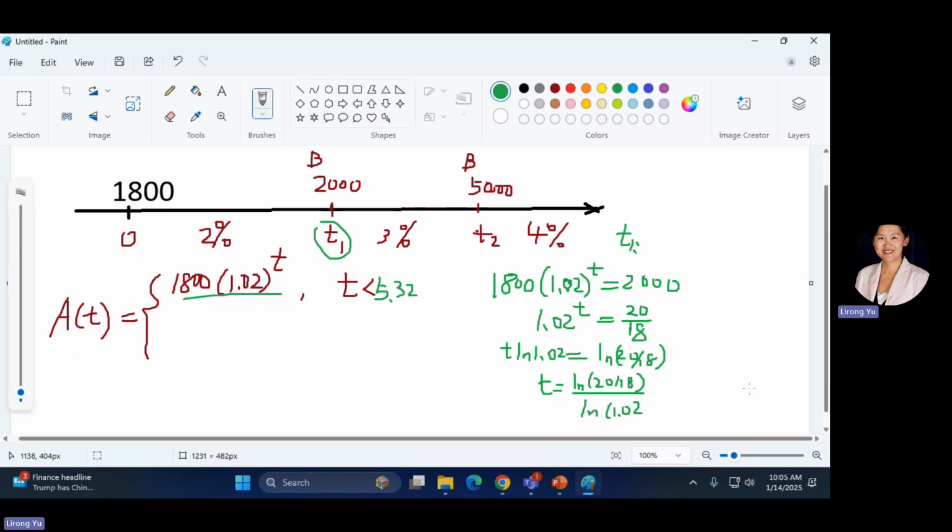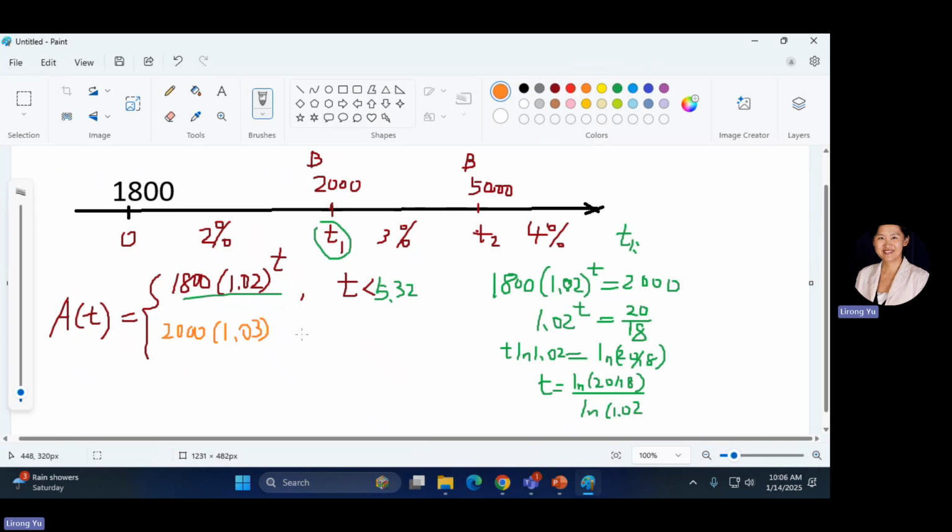So how does it grow after that? We're going to look at the formula. It's going to be based on the 2,000. So you're going to have 2,000 times 1.03. That's how it grows. But then you have to look at the time. If it follows 1.03 after T1, then whatever the time is, you have to subtract that time.